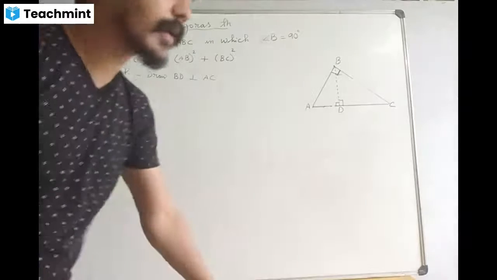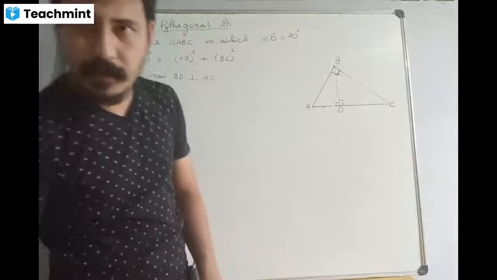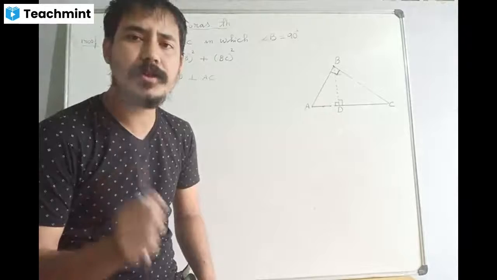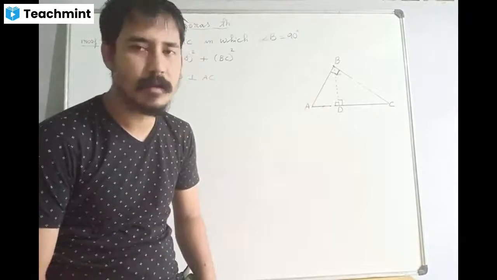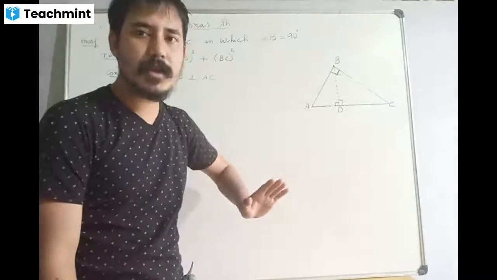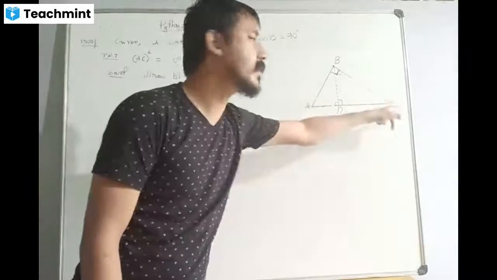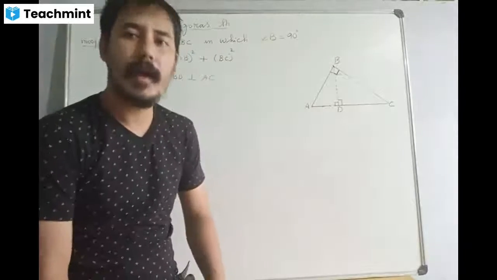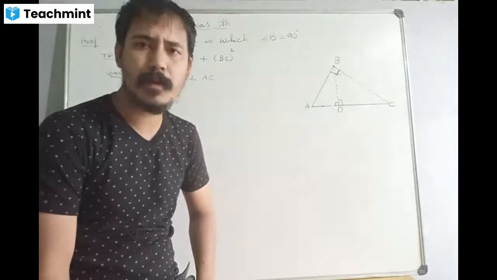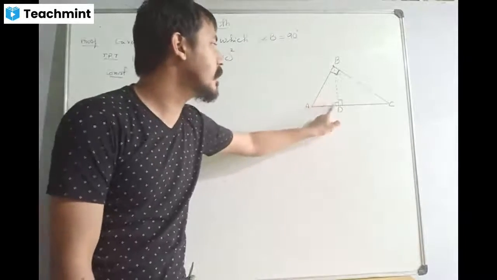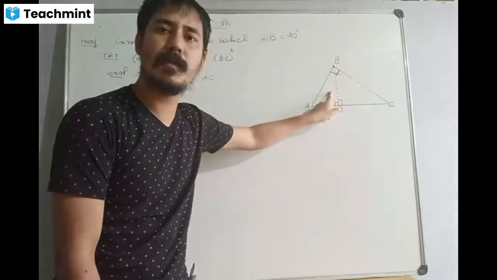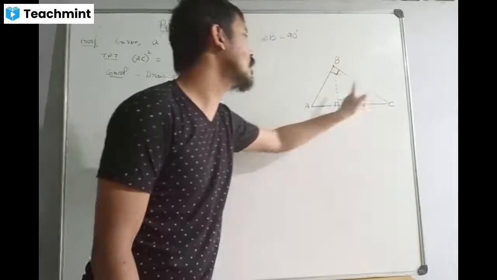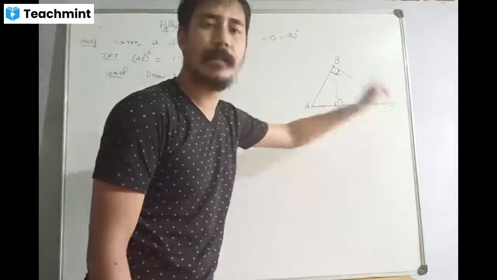Now altogether there are three right triangles here. Can you identify them? The first right triangle is the biggest, ABC. And then there are two smaller right triangles. One is ADB, your first smaller right triangle, and the other one is CDB, or BDC.